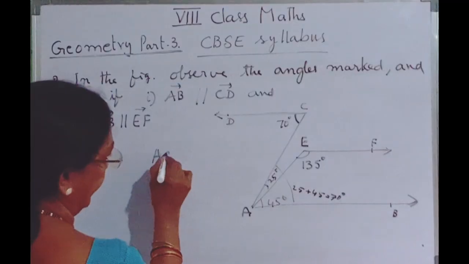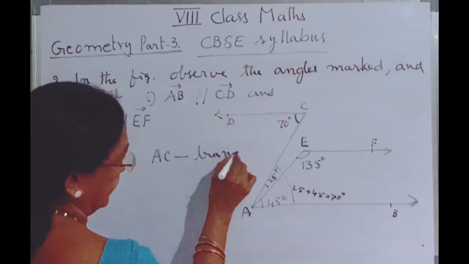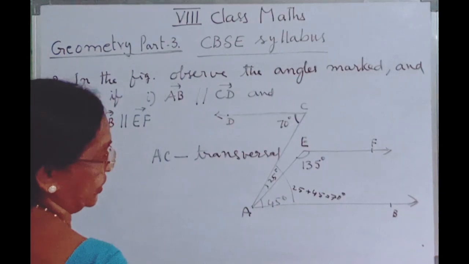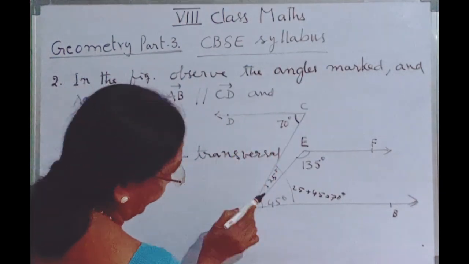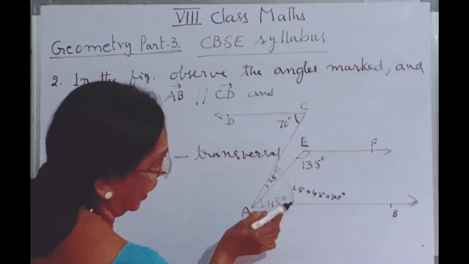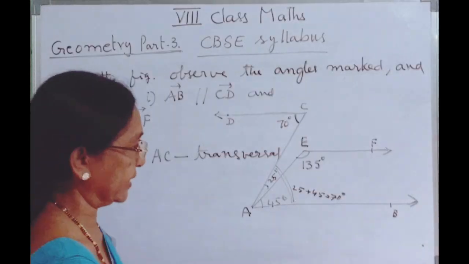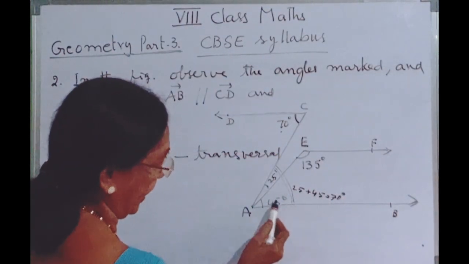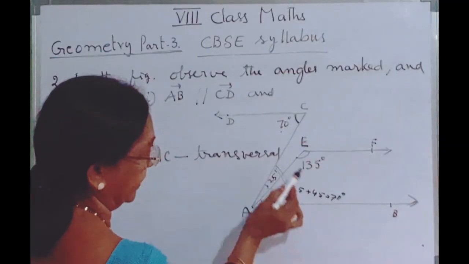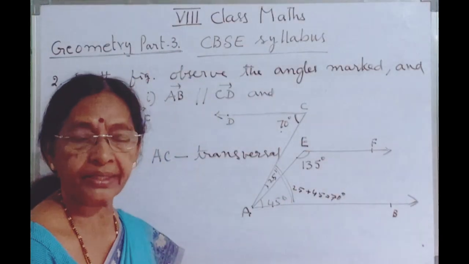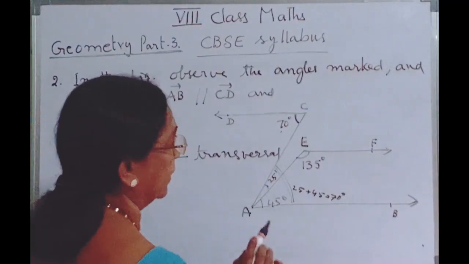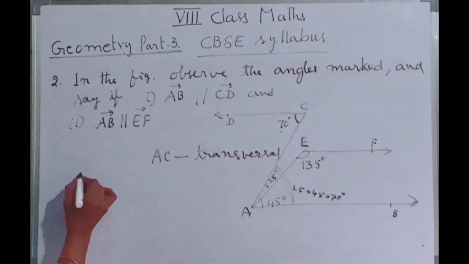Taking AC as a transversal, this angle and this total angle are alternate interior angles and they are equal. This is 70 degrees and the total angle is also equal to 70 degrees. So alternate interior angles are equal. Therefore, the rays CD and AB are parallel to each other.